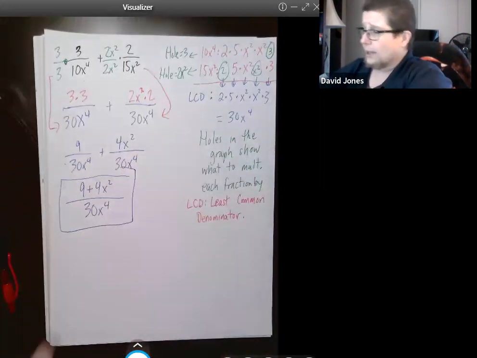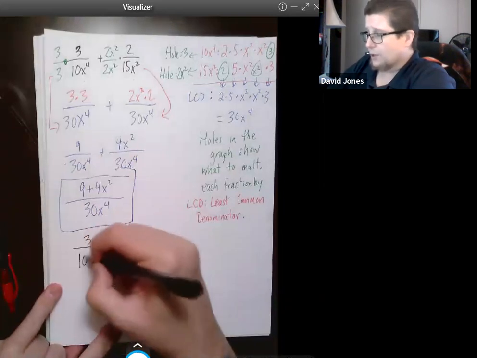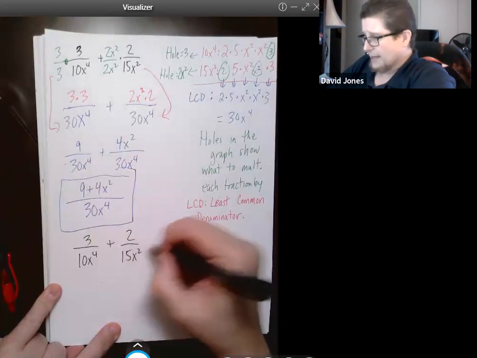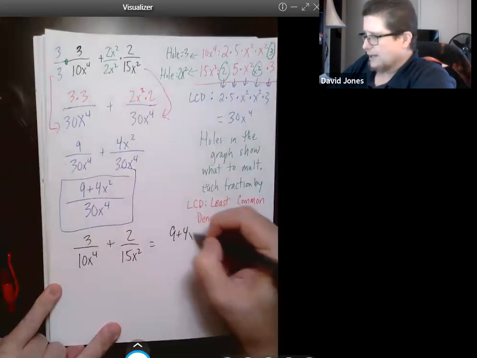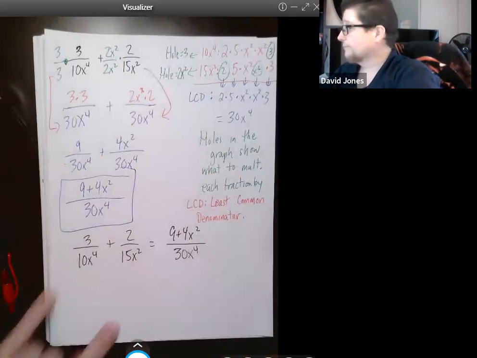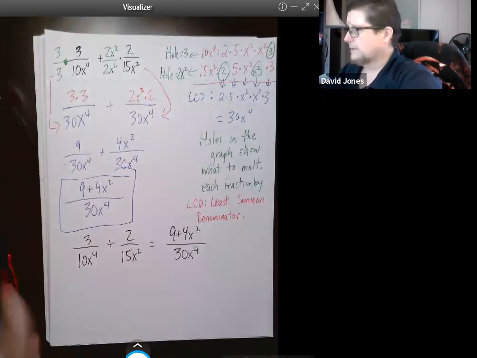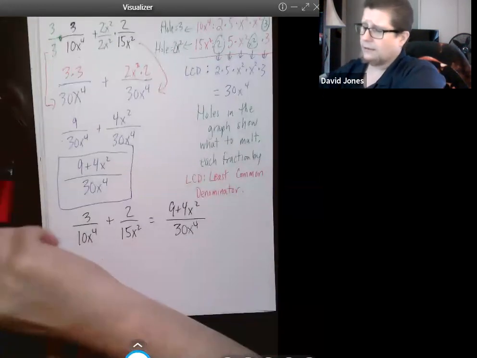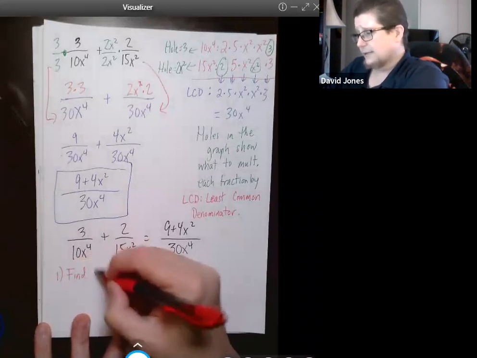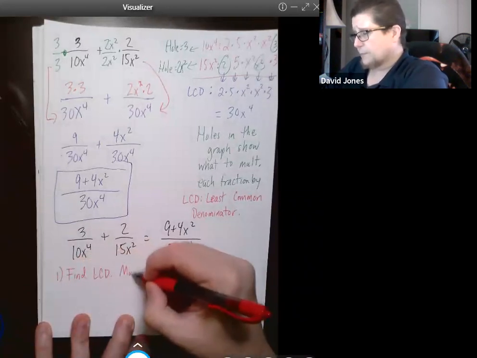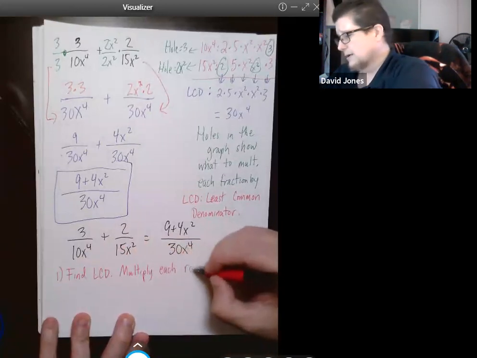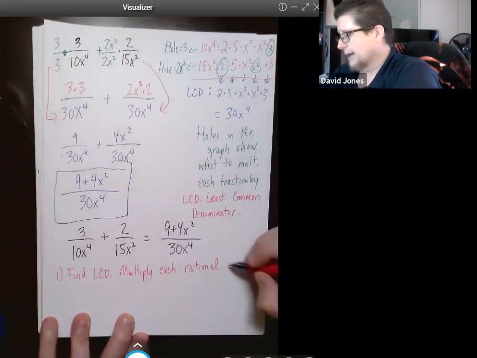Since I wrote a lot, I'll re-show what we started with. 3 over 10x to the 4th plus 2 over 15x squared equals 9 plus 4x squared on top, 30x to the 4th on bottom. What did we do? One, find the LCD, and multiply each rational expression so that we have a common denominator.